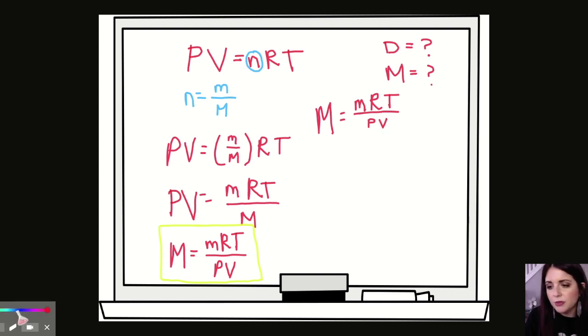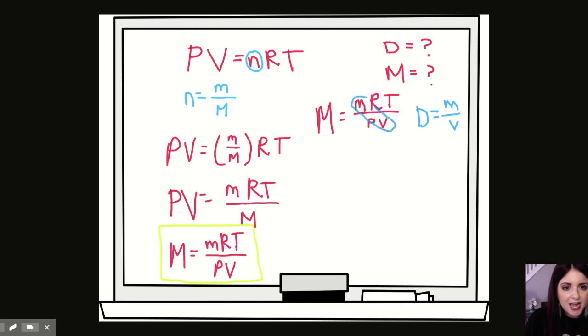And hopefully you remember that density is equal to the mass divided by the volume. D equals m over V. And if I look at this equation, I actually have density in here. I have mass divided by volume. So we are going to take that and plug in density for that m over V.